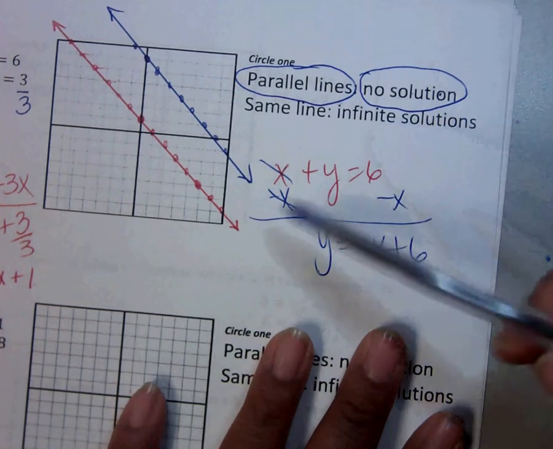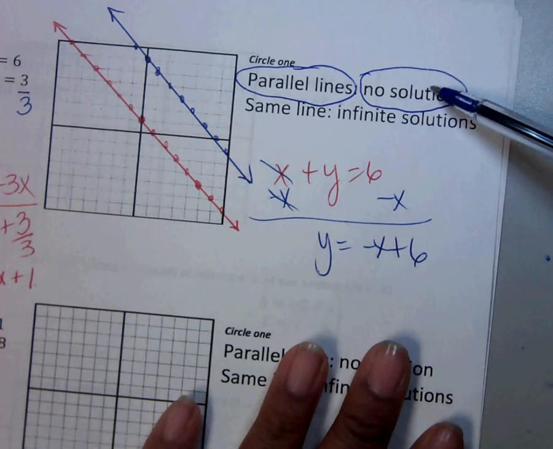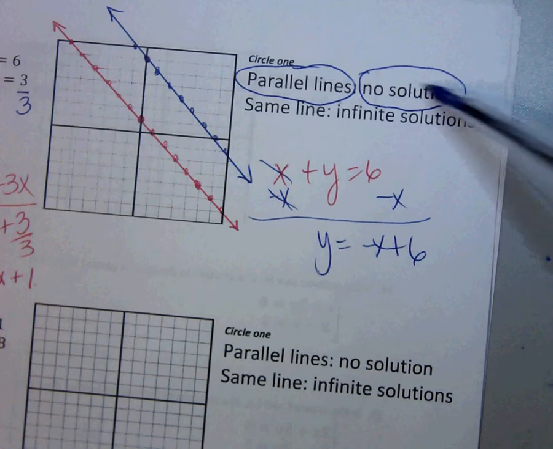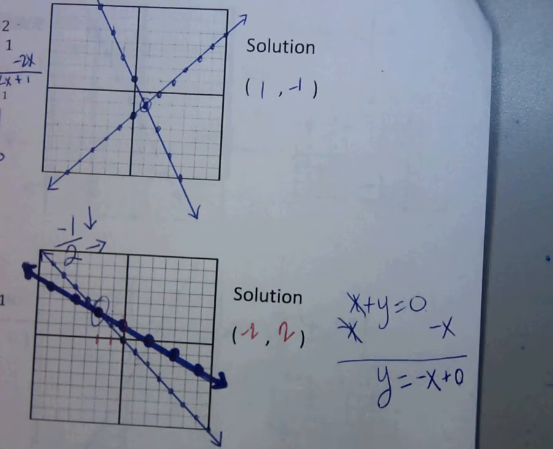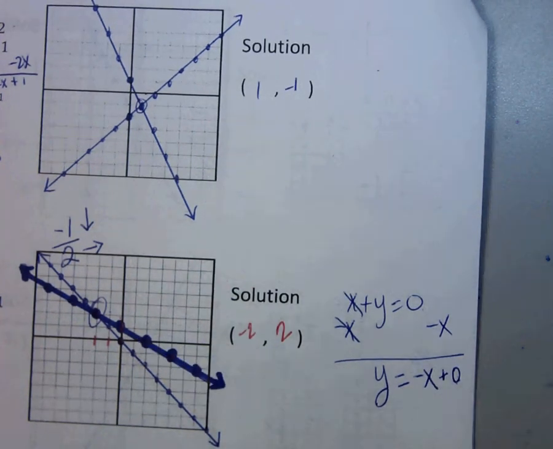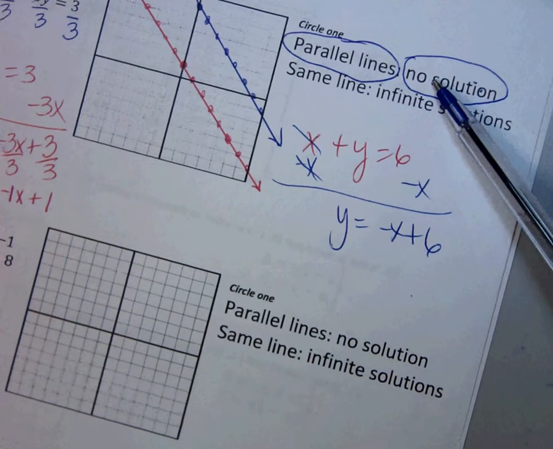I am no solution because I am parallel. That's what no solution looks like, because they don't cross, so it doesn't have a solution. To have a solution, they must cross. That's why all of these had answers, because they crossed. This doesn't. That's why it's no solution.